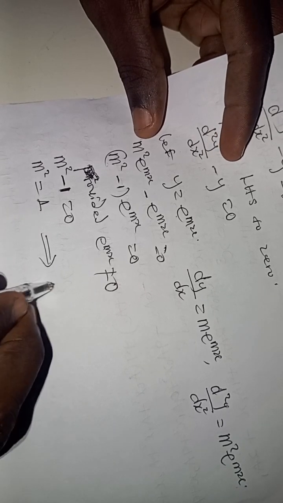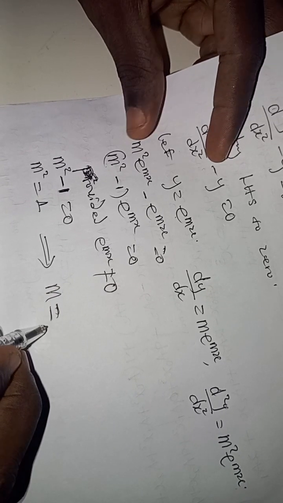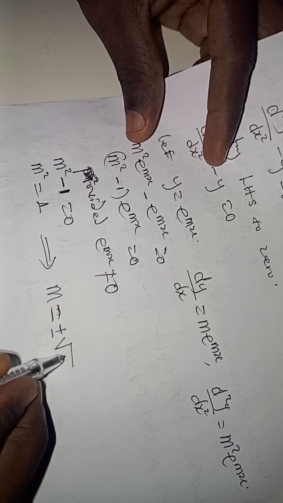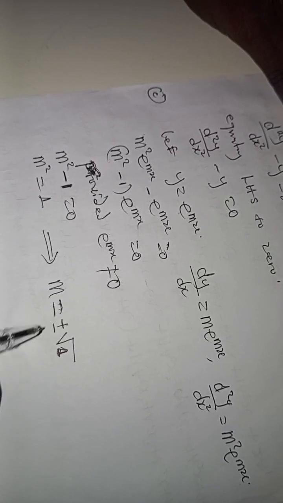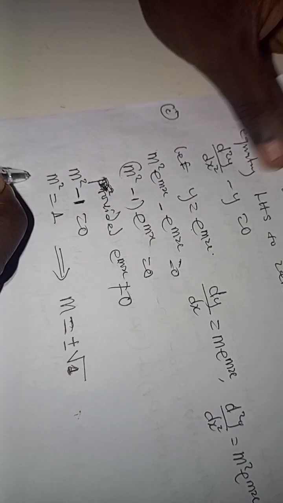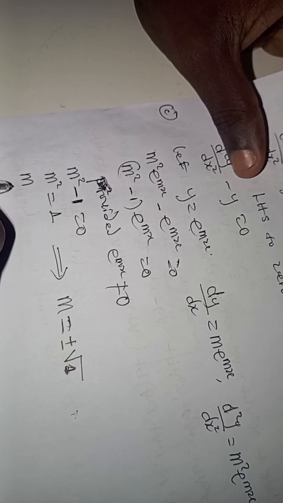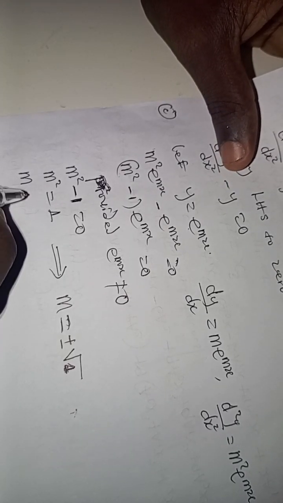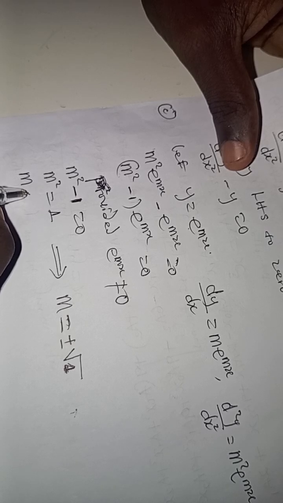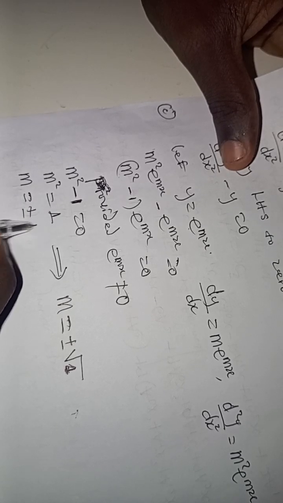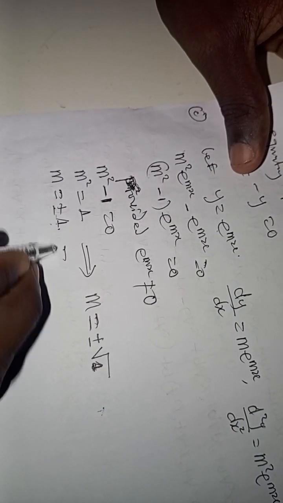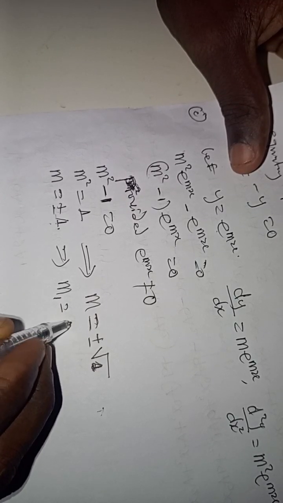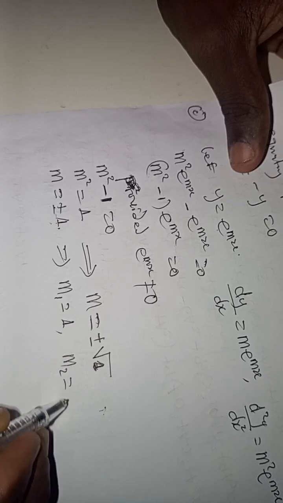If I take the square root of both sides, I'll have m equal to plus or minus the square root of 1, and the square root of 1 is 1. So my m here is equal to plus or minus 1. It means that I have two solutions here: I have plus 1 and I have minus 1. So my m1 is equal to plus 1 and my m2 is equal to minus 1.